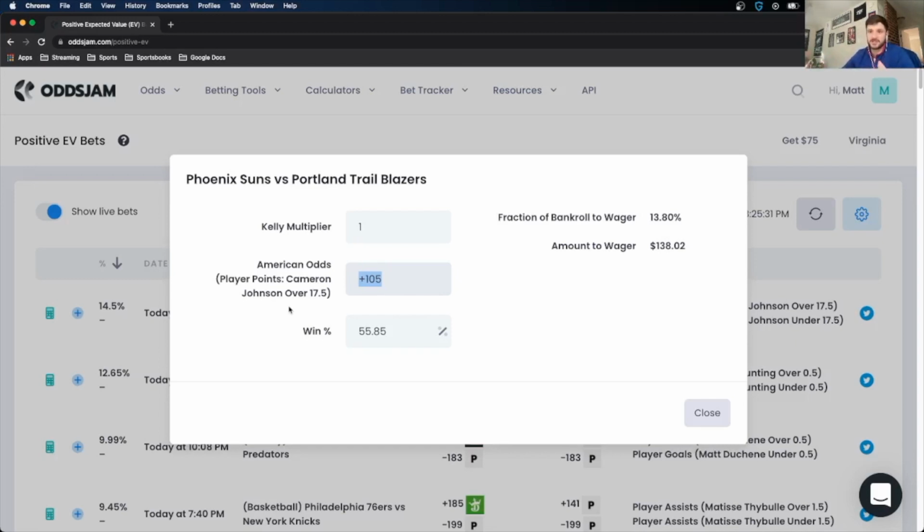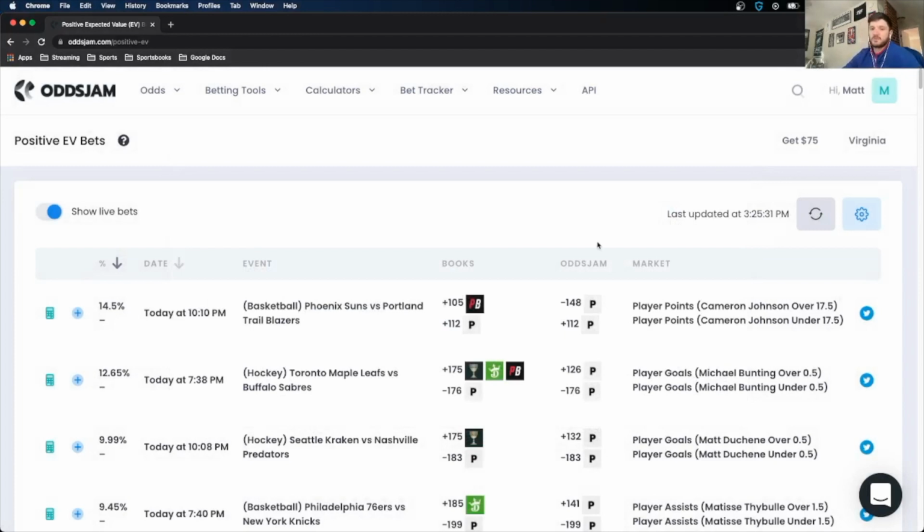The 55% chance based on the OddsJam perfect line, and then the sportsbook gives that less than a 50% chance. So there's your positive probability gap right there. And then if you update your settings, it could tell you exactly how much you should wager on it based on the fraction of your bankroll. But overall, what the positive EV page does is it gives you the exact play.